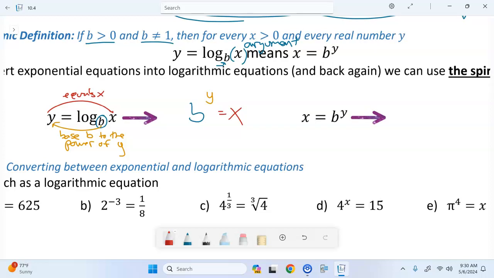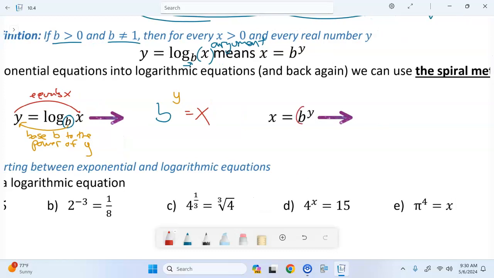And we'll do the same thing to go from exponential notation to a logarithm. So base b to the power of y equals x. That gives me b to the y equals x. To go exponential to logarithm, we're going to do the same idea. We're going to start at base b. So I have a logarithm with base b.